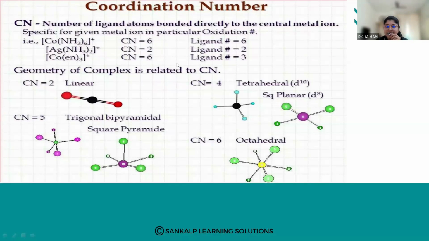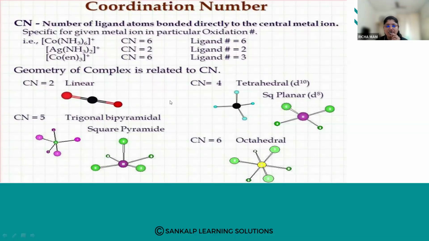If you have two ligands and one central metal atom, then it is linear. If you have coordination number 4, there are two possibilities: one is tetrahedral, another is square planar. Then if you have coordination number 5, you again have two possibilities, trigonal bipyramidal and square pyramidal.